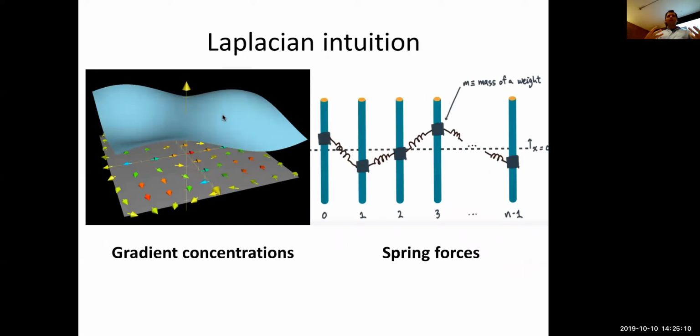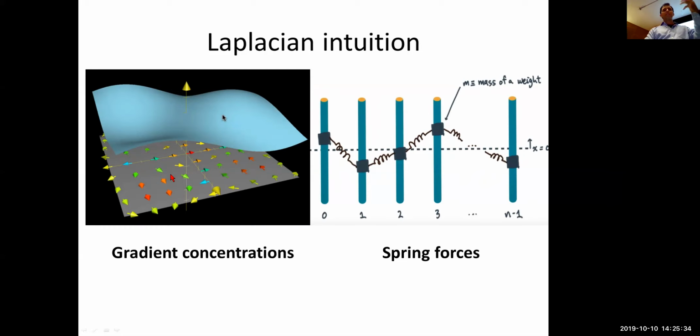The intuition of the Laplacian is the following. It is basically the gradient of my gradient, or it is the concentration of my gradient. If I have a matrix that gives me, for every item here, some value, I can look at the derivative of that value. And that derivative will be an arrow pointing to the direction of greatest ascent.